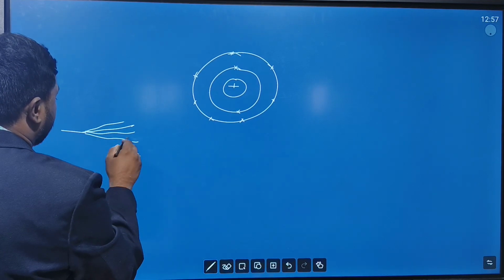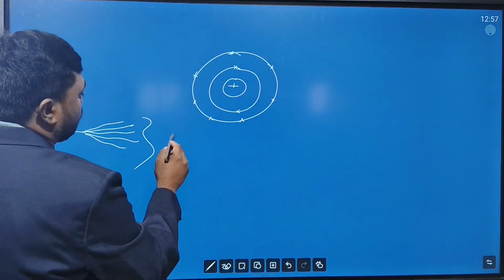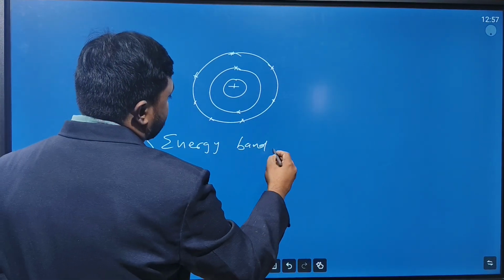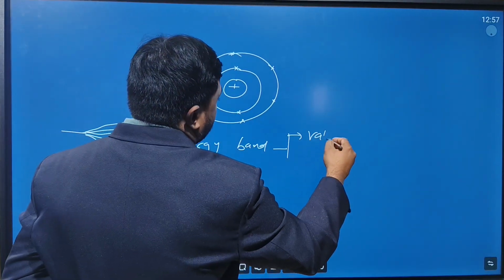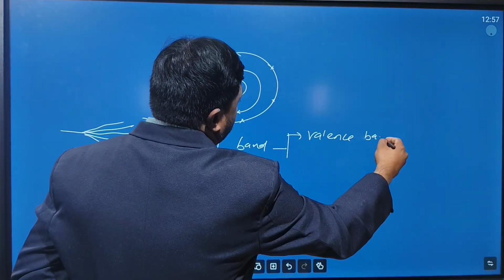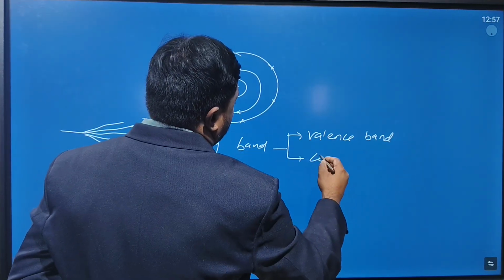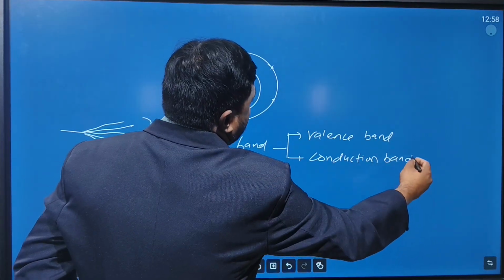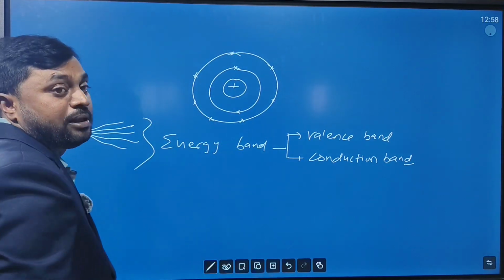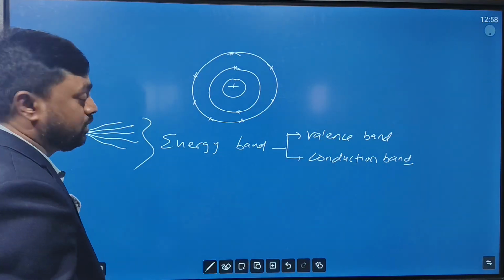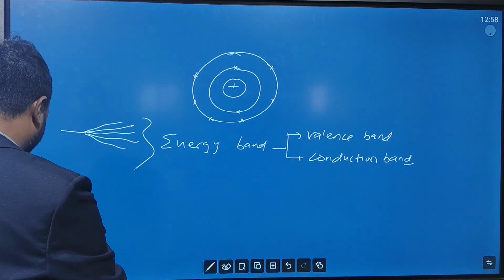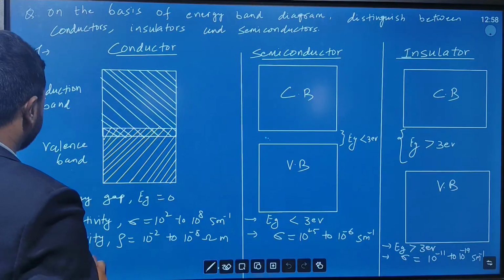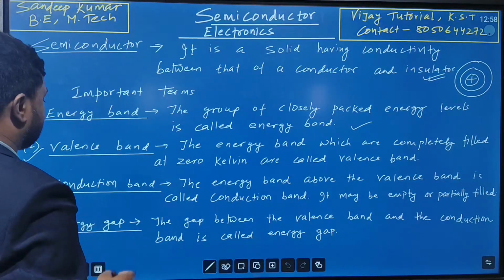So 2 types of energy band are generated: one is the valence band and the other is the conduction band. This band formation takes place due to the heavy repulsion between the electrons present in the energy levels, yes or no. So 2 types of bands are there, one is the valence band, the other is the conduction band.